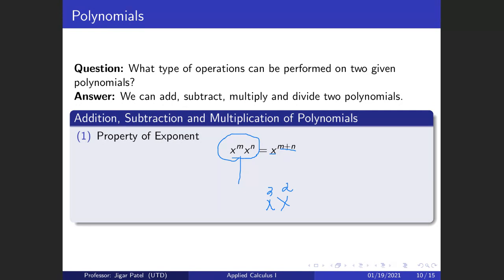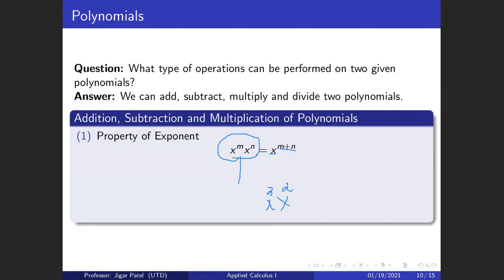So x cubed times x squared is x to the 5. x to the 1 times x to the 1 is x to the 1 plus 1, or x squared. This is a simple rule that most of you have been using frequently, and it is called the property of exponent.